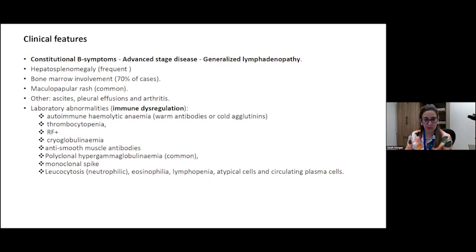They can have all sorts of autoimmune hemolytic anemias, cytopenias, rheumatoid factor, cryoglobulinemia, hypergammaglobulinemia, even a monoclonal spike, as our patient had, IgG lambda, and leukocytosis, eosinophilia. So initially, it can be really a challenge to nail it down into a lymphoma unless a lymph node biopsy is performed.